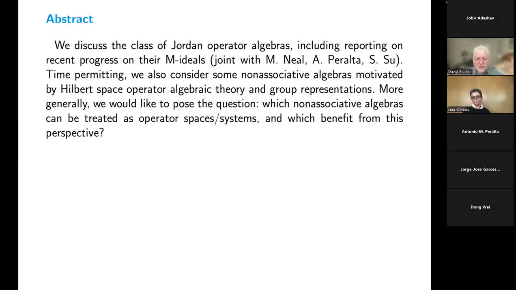But more generally, for this audience, I would like to pose a question that I think may turn out to be an important question, which is: which other non-associative algebras can be treated in the category of operator spaces and operator systems, and which would benefit from this perspective?